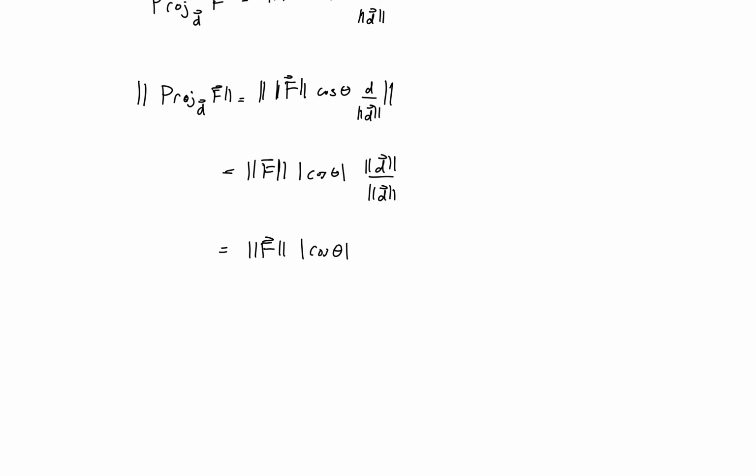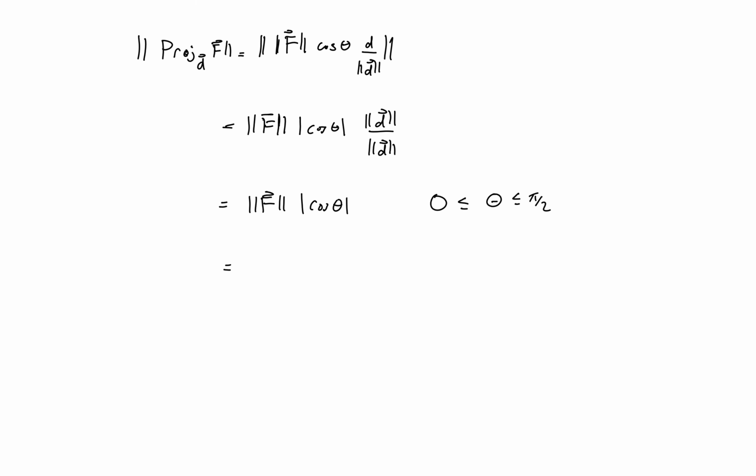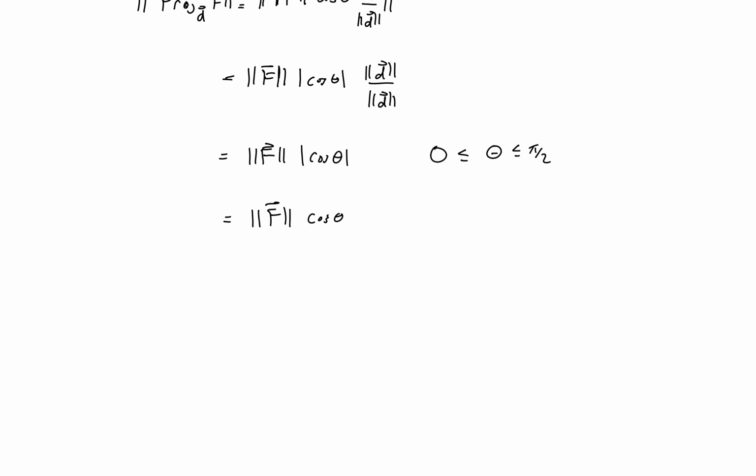So if we say that the angle here is between 0 and pi over 2, because we want the force to be in the same direction as the displacement, not in the opposite direction, it wouldn't make any sense to be moving it then, the cosine is positive.